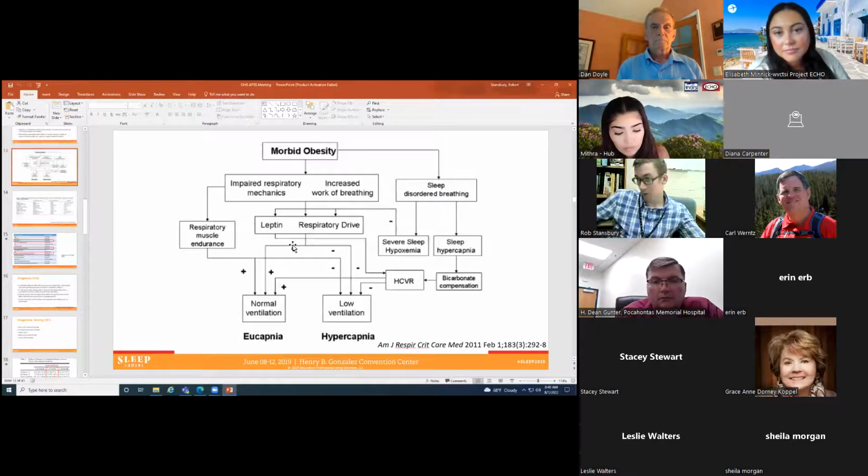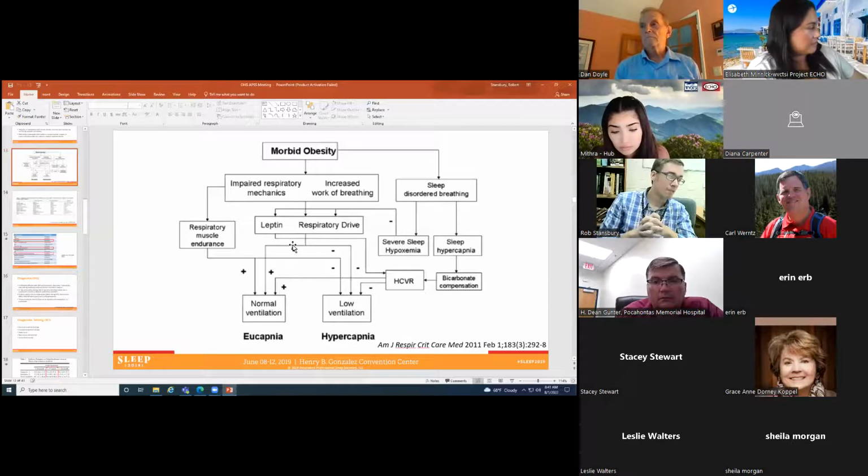If you're really obese, you have more tissue, you're making more CO2, and you compensate mostly by having a little bit increased baseline respiratory rate. But not everyone with a BMI of 40 gets obesity hypoventilation. It's probably somewhere in the 15% to 20% range. So something happens where a subgroup just falls off the wagon.